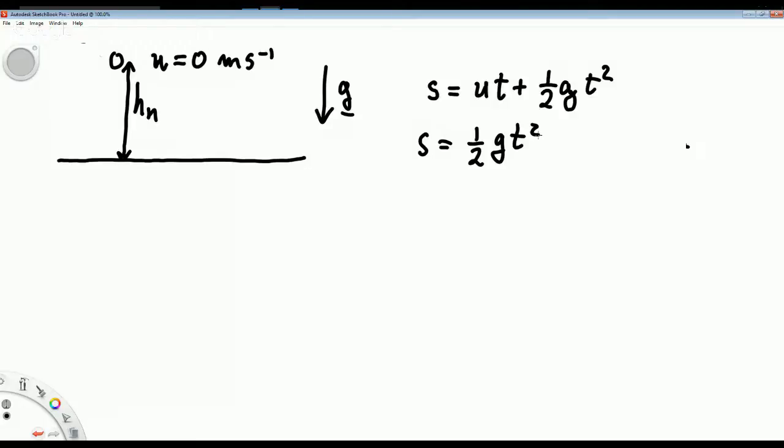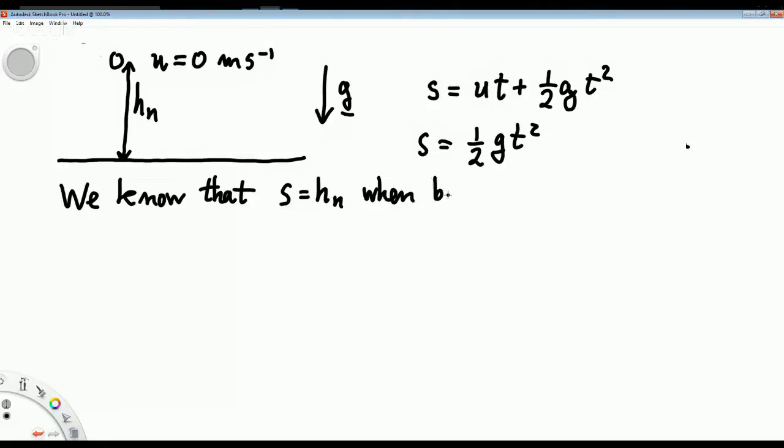Well, we know what s is when the ball has reached the floor. So we know that s equals Hn when the ball reaches the floor.